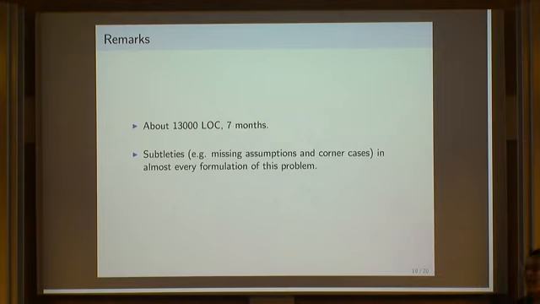And I can still recall that I told my supervisor Larry at least 5 times that I'm going to finish my formalization within the next 2 weeks. But in the end, it took me far more than I expected.